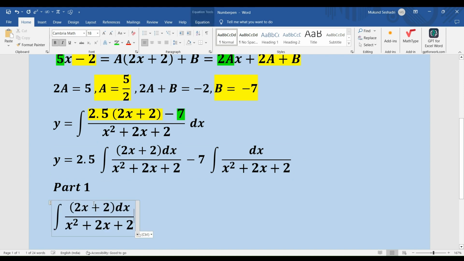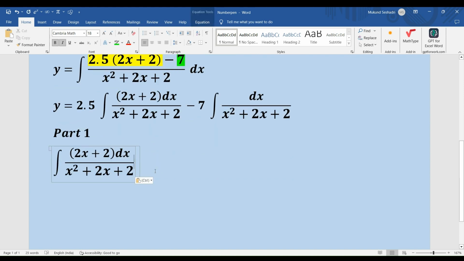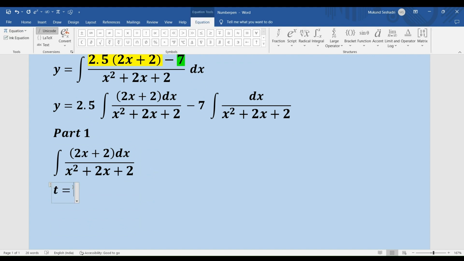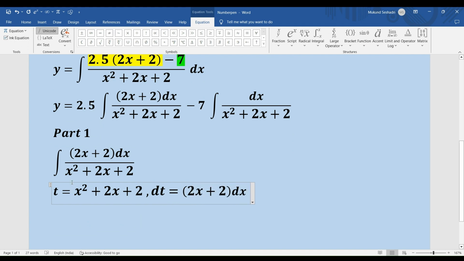So let's copy paste that. And the substitution that I'm going to make is t equals x squared plus 2x plus 2. Okay. So what happens to my dt? My dt becomes 2x plus 2 times dx, right?